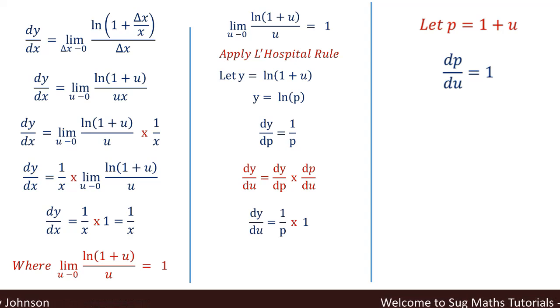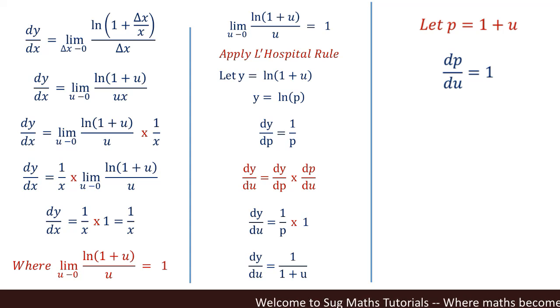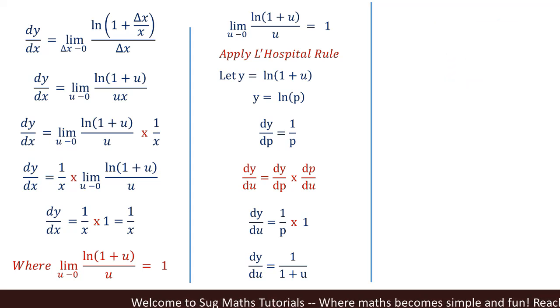But you remember that p is 1 plus u. Bringing it together, we have that dy over du that we are looking for is 1 all over 1 plus u. Now look at it.